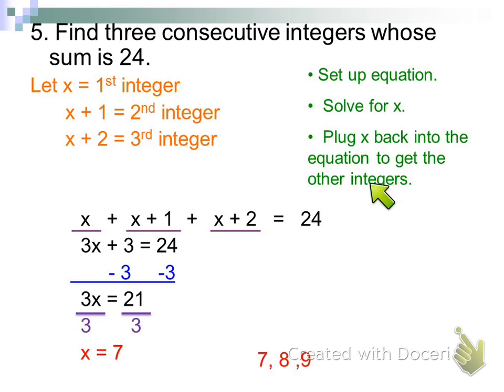I honestly don't even do that. I just know if I'm starting at 7, the next 2 integers would be 8 and 9. Here, though, I always stop and then double check to see if it works. What's 7 plus 8 plus 9? 24. It better be 24 or I need to redo the problem. Okay? Questions?